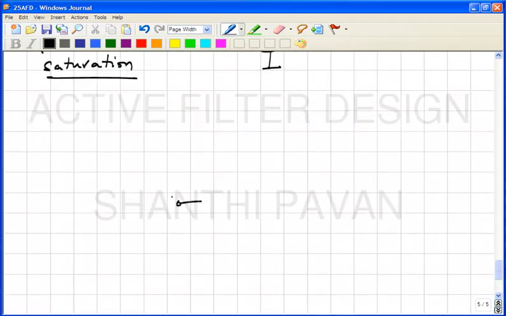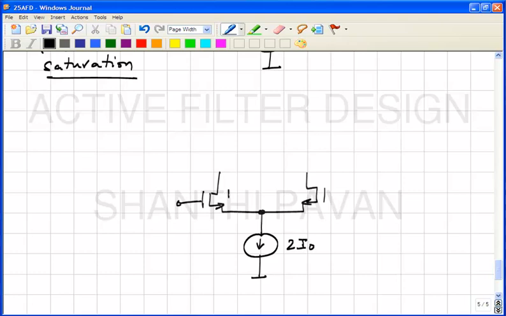So, in other words, if I pick a 0 VD, this is 2 I naught, this is M1, this is M2, this is VCM, this is also VCM, because I have picked VD as 0.